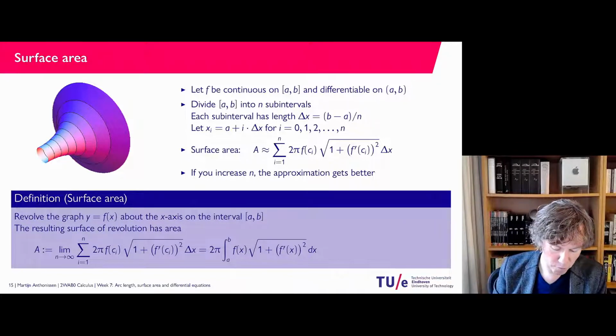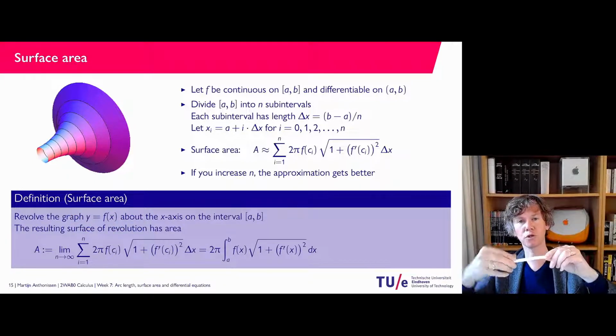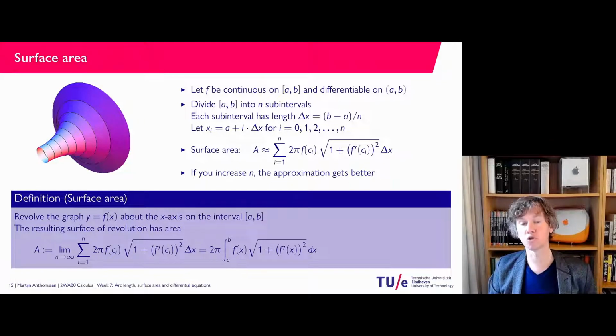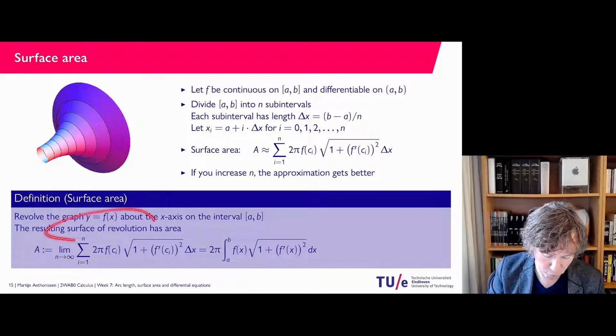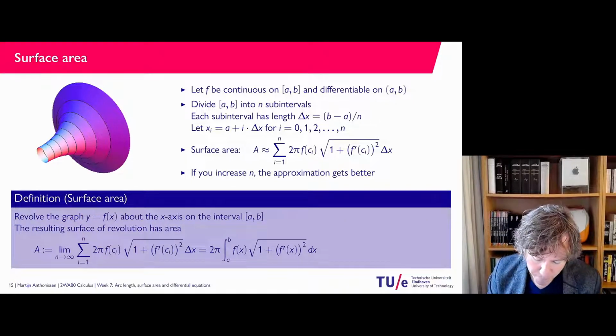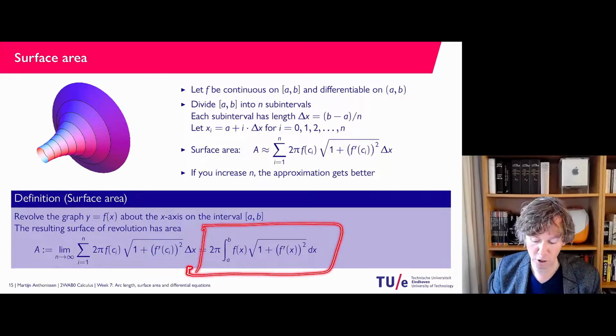If you revolve the graph y equals f(x) about the horizontal axis, so you have a function, you take the horizontal axis and you rotate it around, that's the idea. Then the resulting surface that you get, that's called the surface of revolution, because you turn around, and the surface area equals 2 pi times the integral from a to b of f(x) times the square root of 1 plus f prime squared dx.